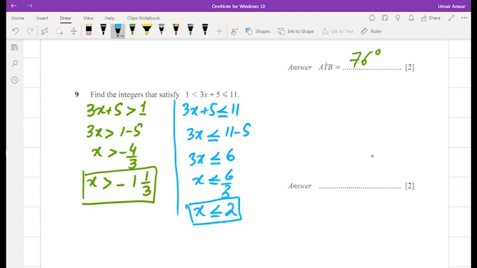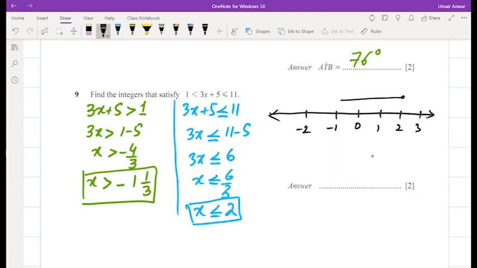So the integers between these intervals, let me draw the number line over here so that we can easily figure out what the integers are going to be. So this is the number line that we might be interested in over here. The second solution says that x is less than or equal to 2. So these are the numbers which are included in this range.